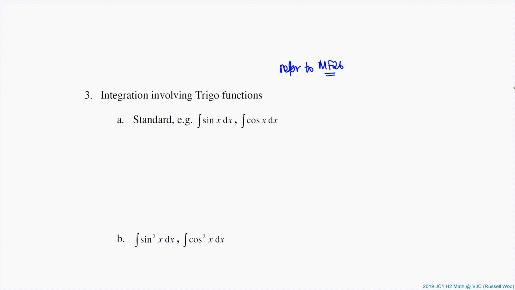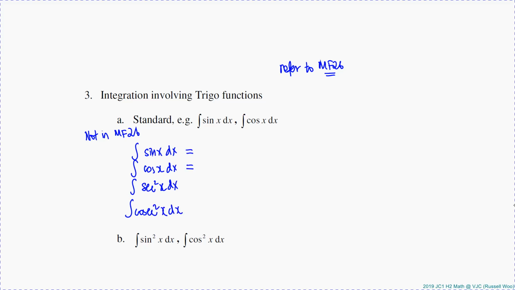There are a few formulas that are not in MF26. Integrate sine x dx, integrate cosine x dx, integrate secant square x, and you also need to know this one, integrate cosine square x dx.